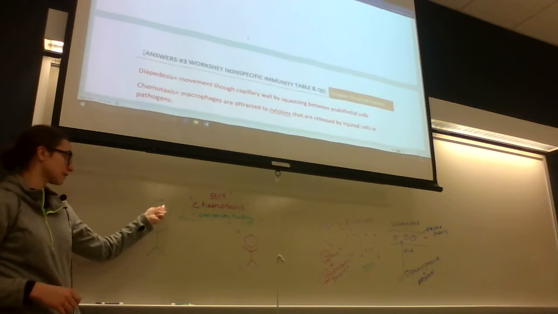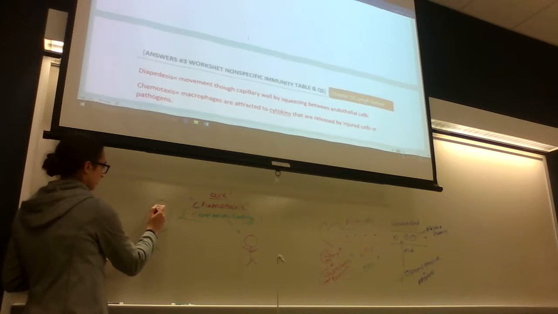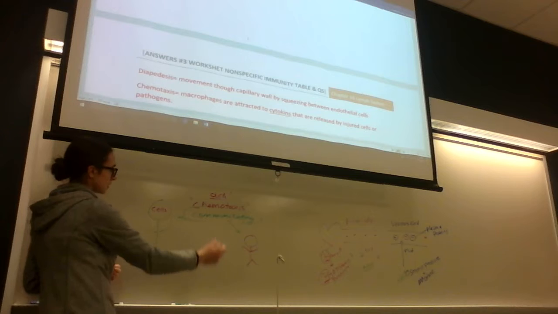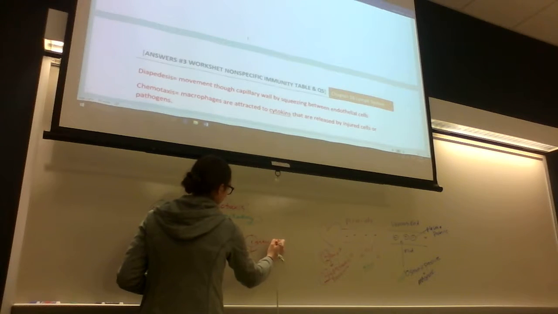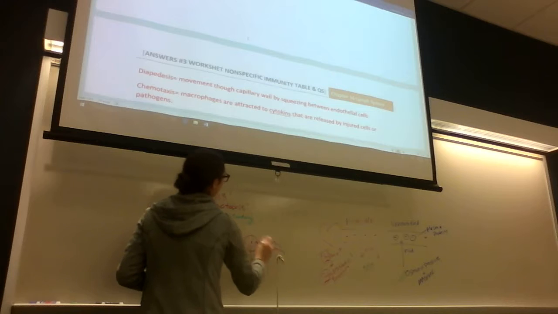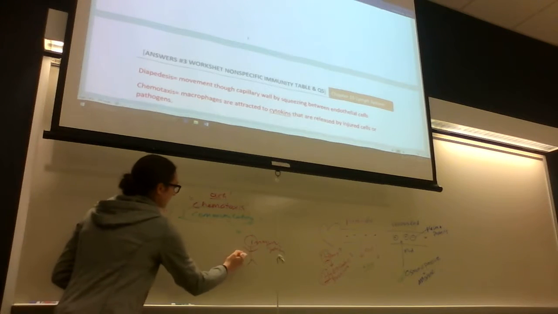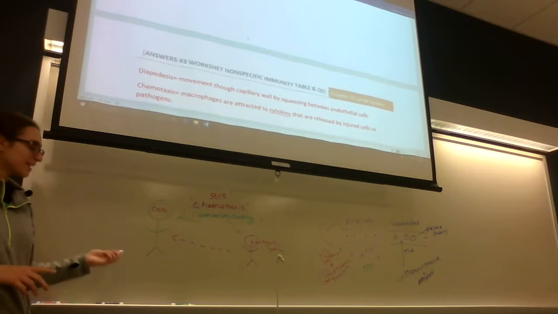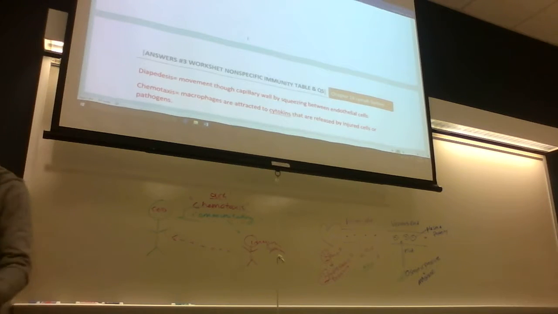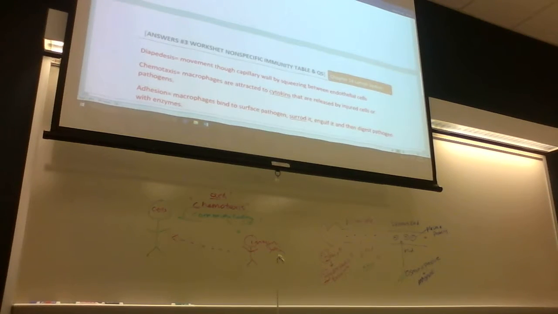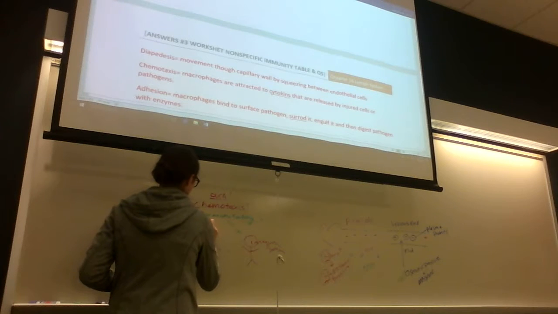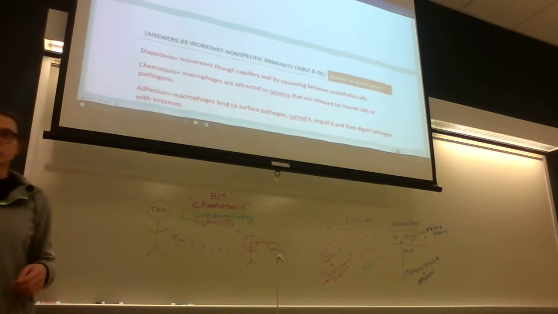So the damage causes your cells to say ouch, and then your macrophage receives this, and then it'll be like, how can I help you? So it's chemotaxis, the communication between cells. And macrophages are attracted to cytokines that are released by that. So chemotaxis, communication, and cytokines. Cytokines are the actual chemical.